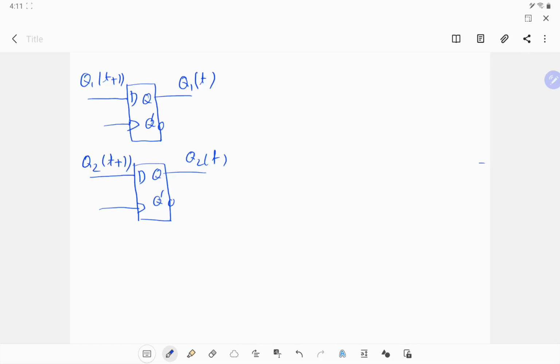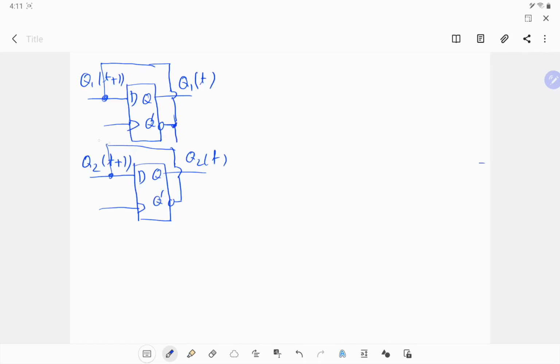And also that this one is connected there. Similarly, that one is connected. And also this one is connected.